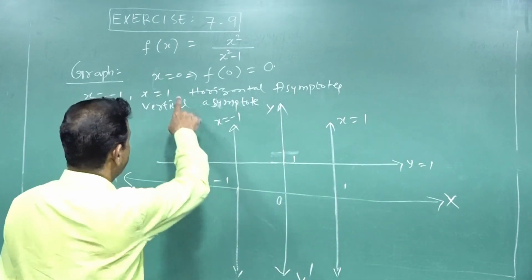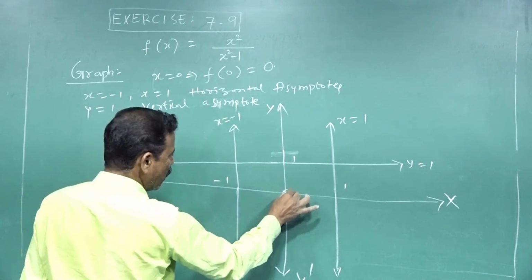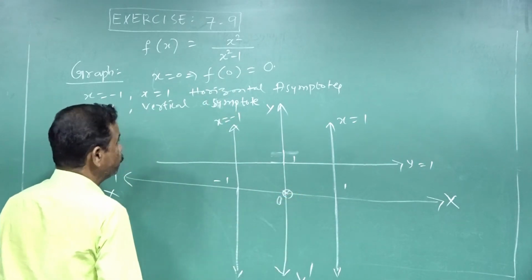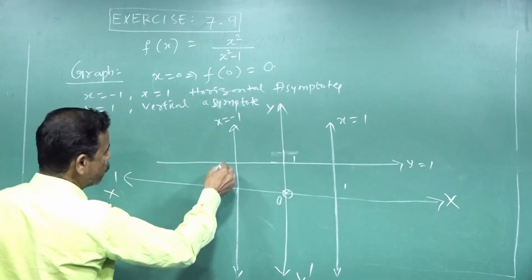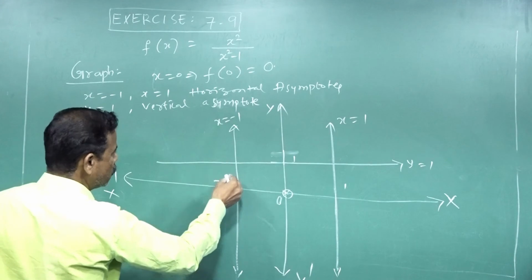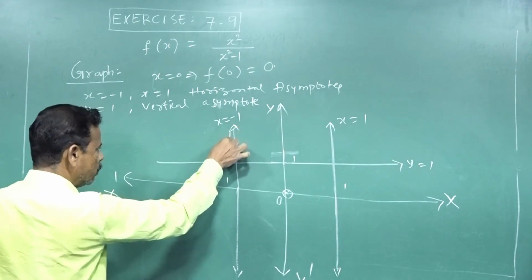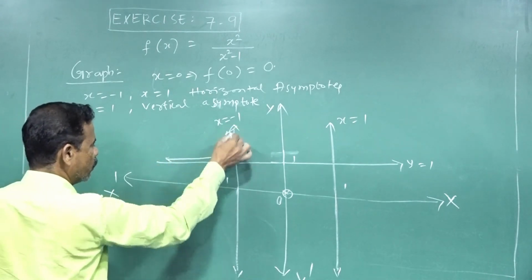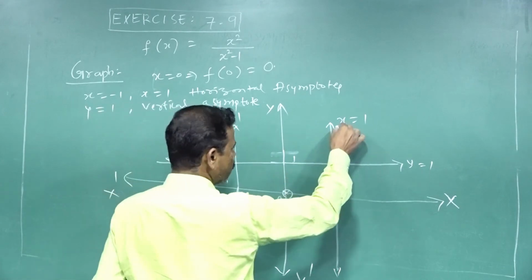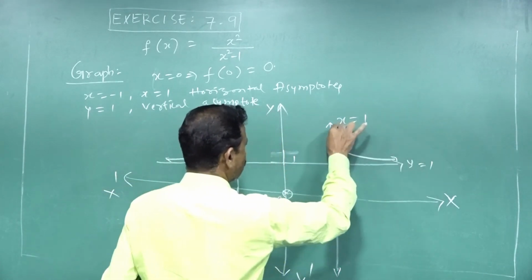Now, at 0, f value is 0, so it passes through the origin. After that, this curve at minus 1 and plus 1. At minus 1 minus, it goes to minus infinity. This is the graph, and at the same time there is a reflection of this also.